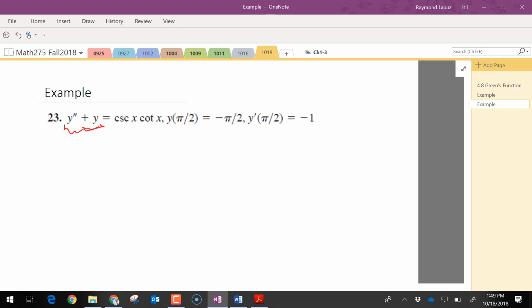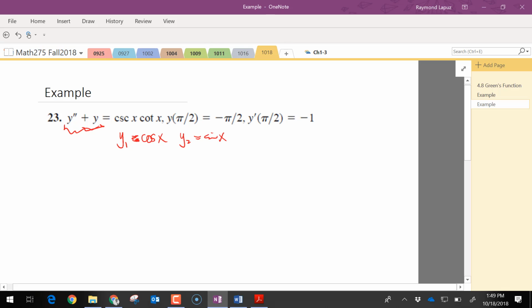So we have plus and minus i, imaginary number. So this will be sine and cosine. Are we done with that? Yeah. All right. So y1 equals cosine x, y2 equals sine x.